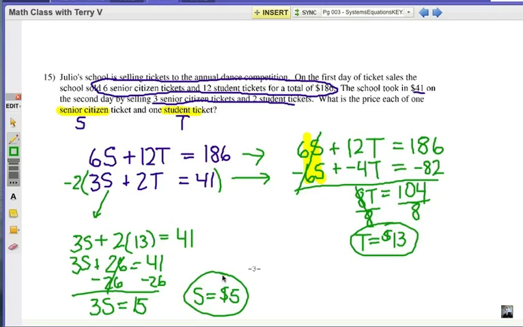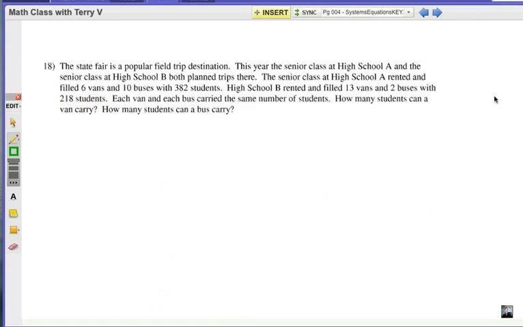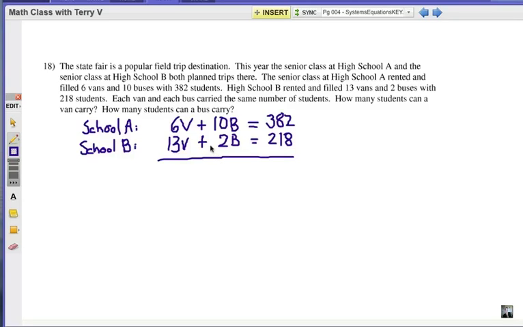All right, one more. I'm going to have you read it, pause the video, and try it on your own. All right, as you read this, you notice that we have a school A and a school B, and this is pretty key here: each van and each bus carried the same number of students, so that's why we know it's a multiplication there.